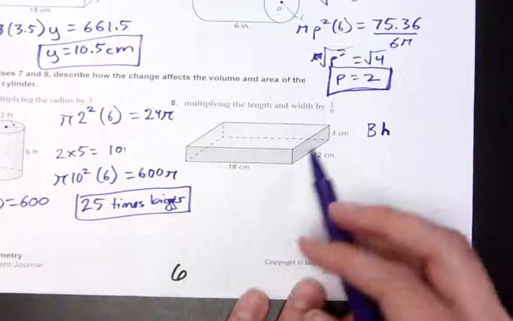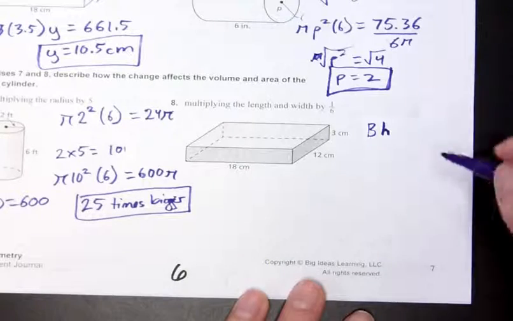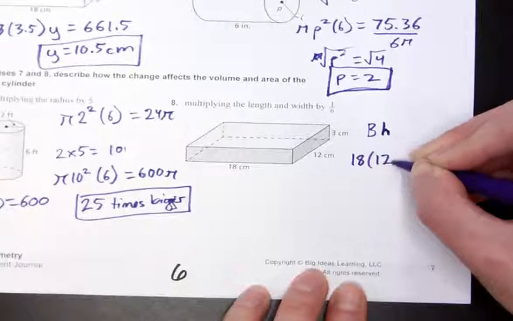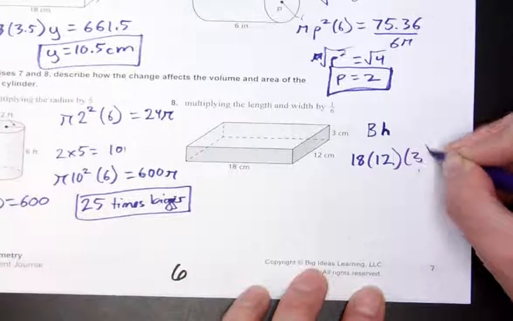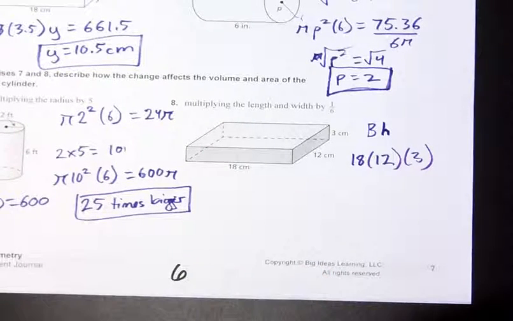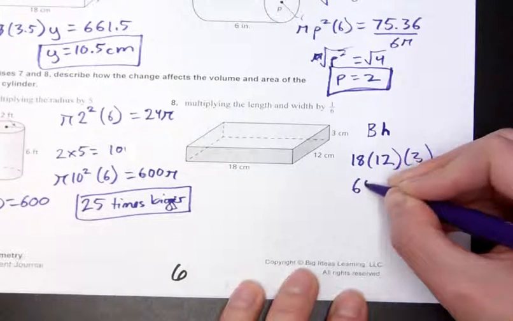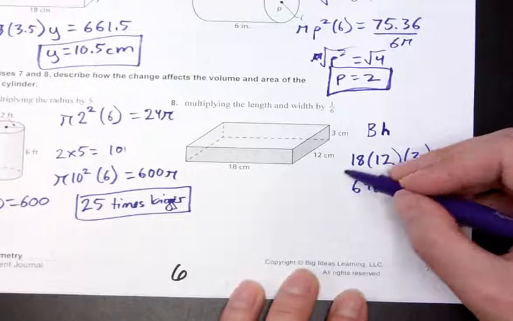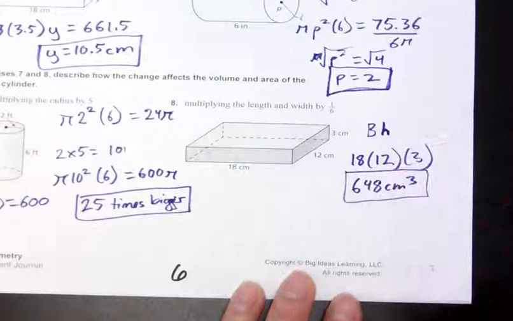And how do I find the base of a rectangle? Rectangles, cubes, you just multiply the three sides, because that's the base, that's the height. So 648. 648 centimeters cubed.